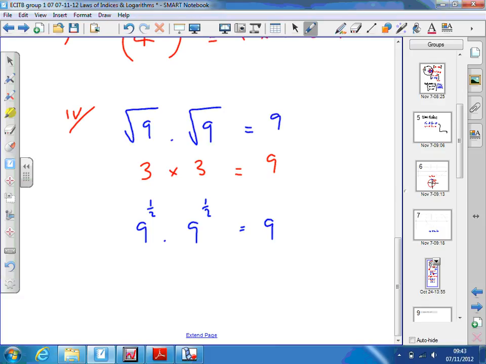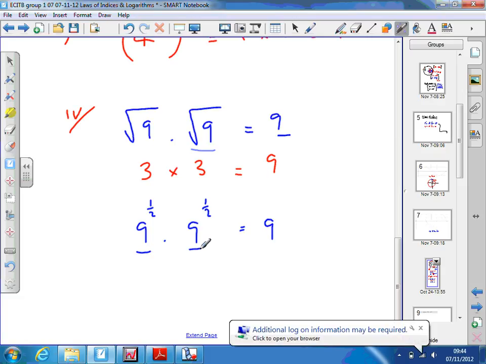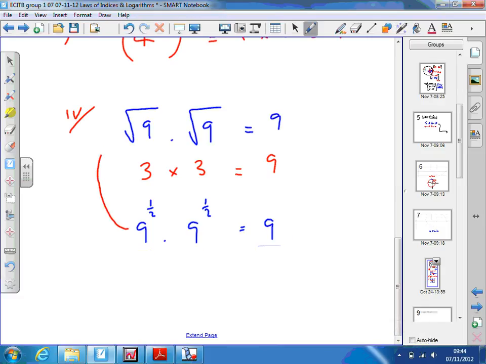Dot or no symbol at all means multiply. So let's look at this. What I'm saying is that 3 times 3 is 9. We know that. The square root of 9 is 3. So the square root of 9 times by itself gives 9. But this also gives 9. 9 to the power a half multiplied by 9 to the power a half gives 9. So the point is that 9 to the power a half is the same as the square root of 9. They are the same thing.